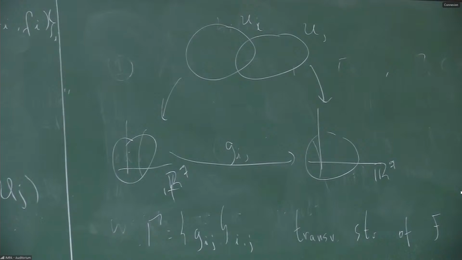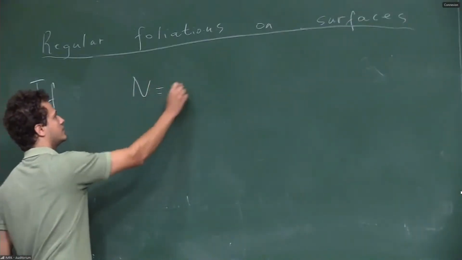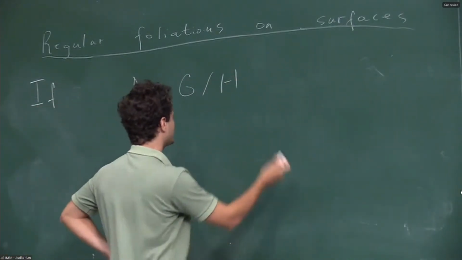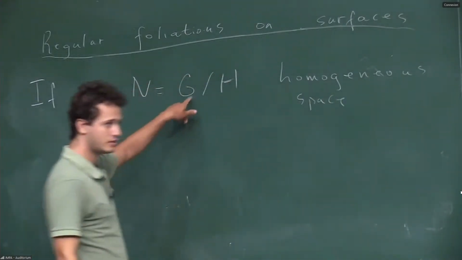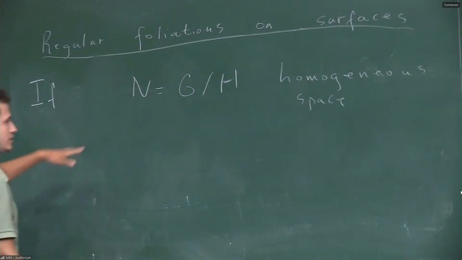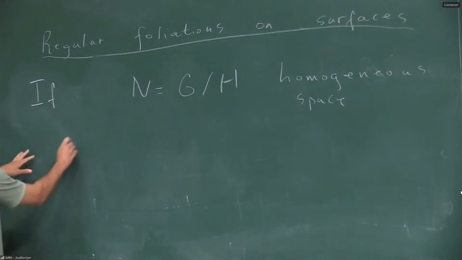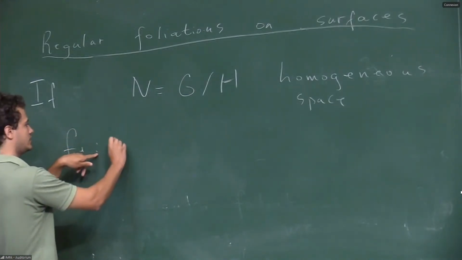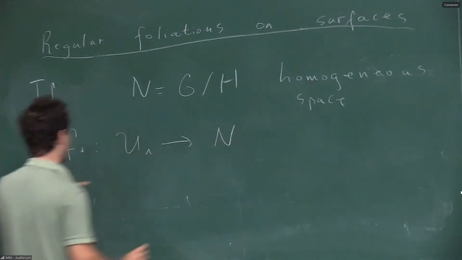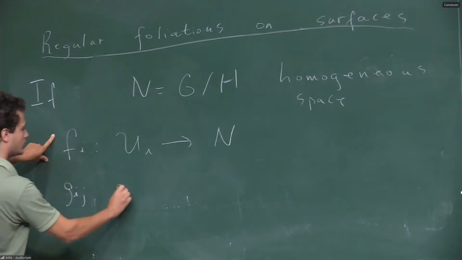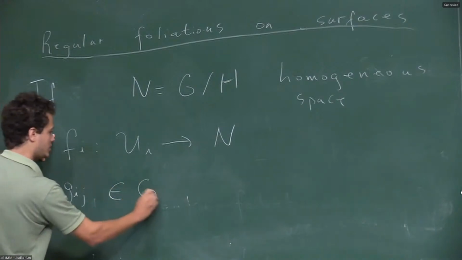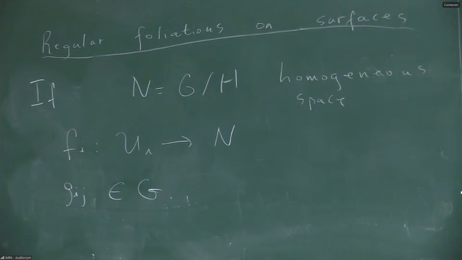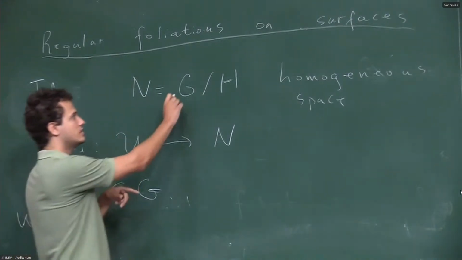If now N is a homogeneous space G/H, where G is a Lie group and H is a closed Lie subgroup, and we ask that the f_i take values in N and the g_ij are local diffeomorphisms of N, in other words, they are elements of G, then we say that F is transversally homogeneous with this structure.